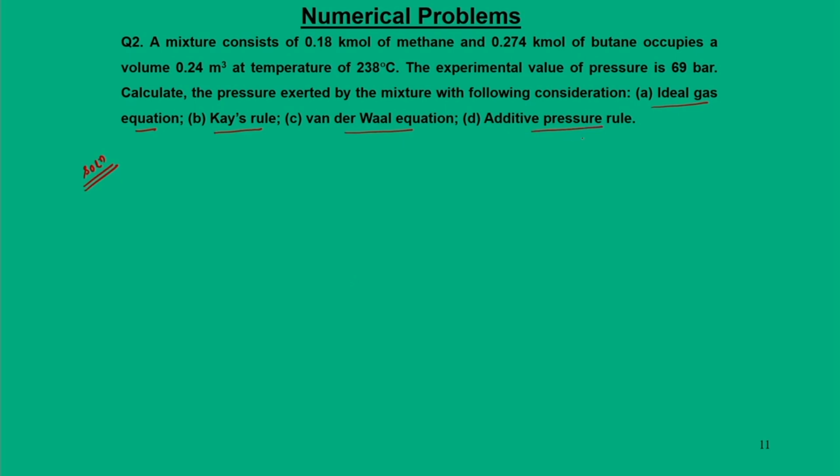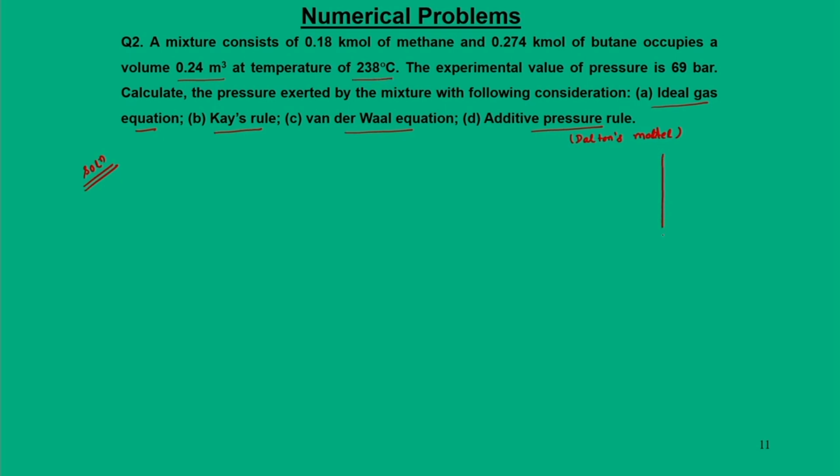This additive pressure rule also closely resembles Dalton's model. Now we will try to evaluate them one by one. The data given: a mixture consists of 0.8 kilomole of methane and 0.274 kilomole of butane, and it occupies a volume of 0.24 meter cube at a temperature of 238 degrees centigrade.